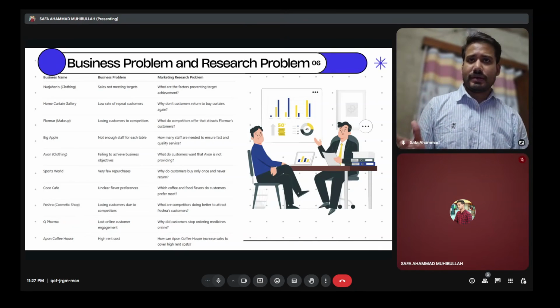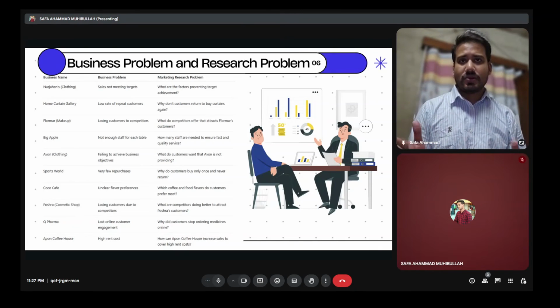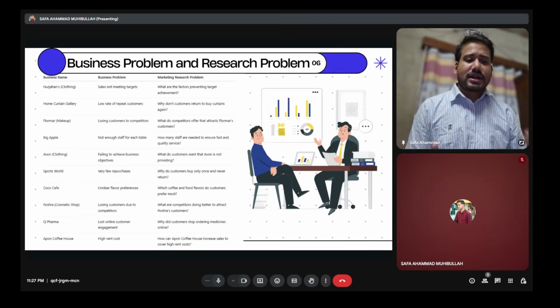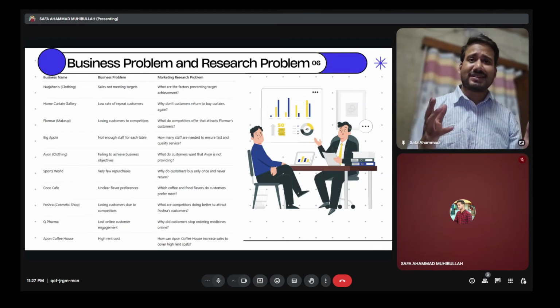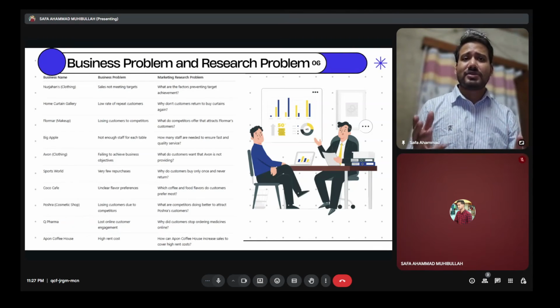Their business problem is low rate of repeat customers. Means once a customer buys, that specific customer normally does not come to their store again. So my research problem is why don't customers return to buy curtains again? Why not? So what's the problem? So that's the question, and we will be using the methods to find a solution.